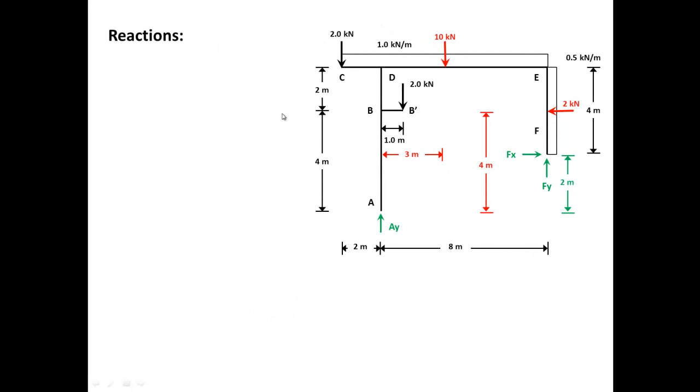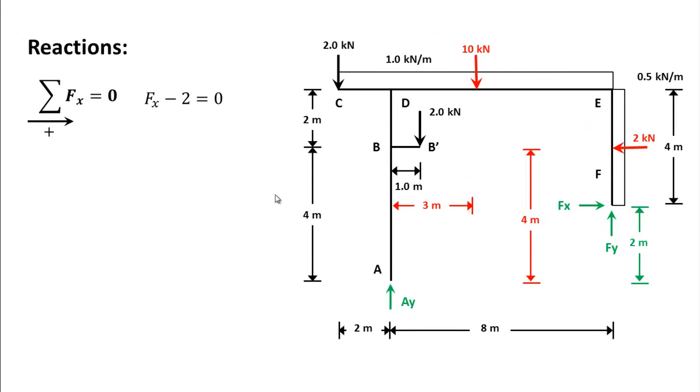Now, what do we have? We need to apply the equations of equilibrium. Summation of the forces in the X equals 0. What do we have? Fx minus 2 equals 0. That's it. So now we can solve for Fx.